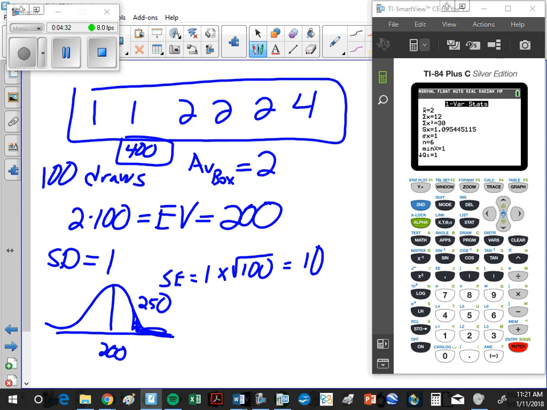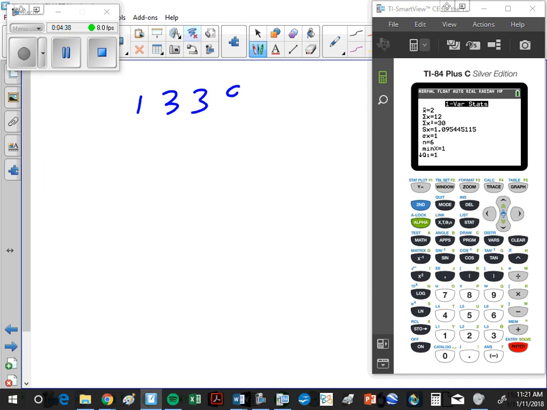Okay. Number 2, 100 draws will be made at random with replacement from the box 1 3 3 9. How large can the sum be? 900. How small? 100. How likely is the sum to be in the range 370 to 430?